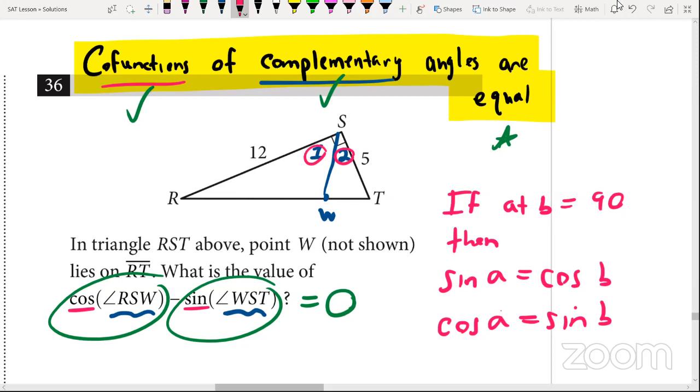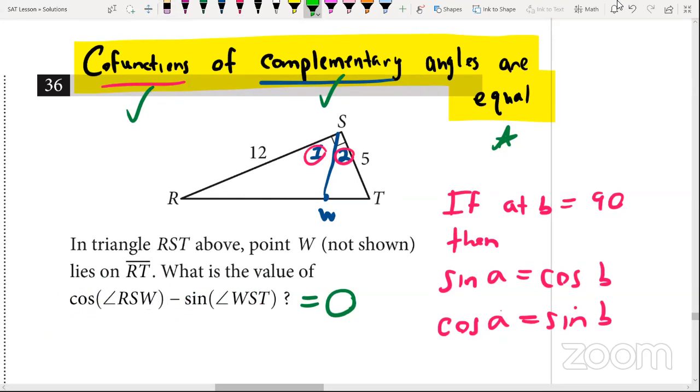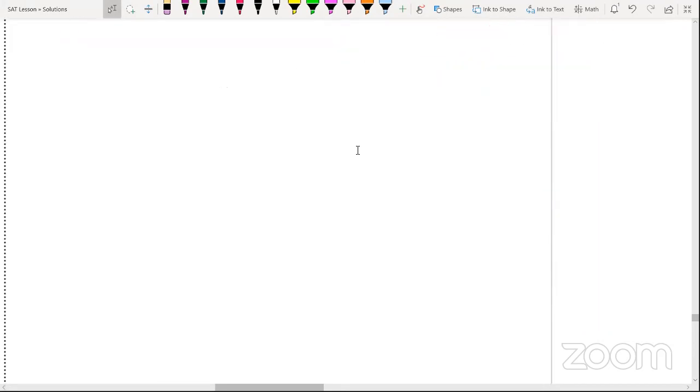And so therefore the sine, the cosine of one of them equals the sine of the other one. So the idea here was simply that this expression was equal to this expression. And when you subtract two things that are equal to each other, you're just going to end up with 0. So now we're going to number 37.